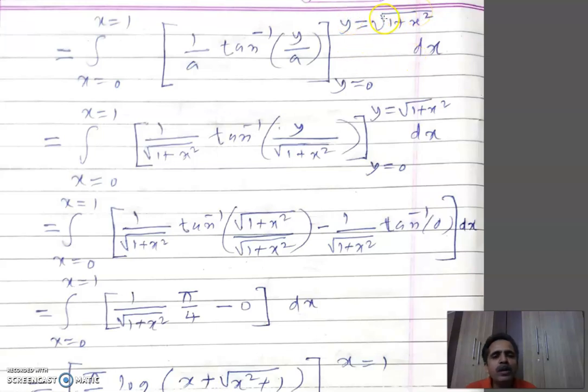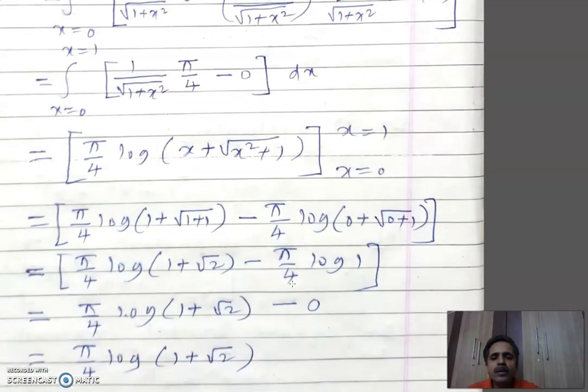First we put the value of a as under root of 1 plus x square, then you put this value of y, further you put y is 0, and between them we have a minus sign. Now the first term became this root as it is, this quantity as it is, and tan inverse of 1, and you know tan inverse of 1 is pi by 4, and tan inverse of 0 is 0. So we can have this kind of single integral.